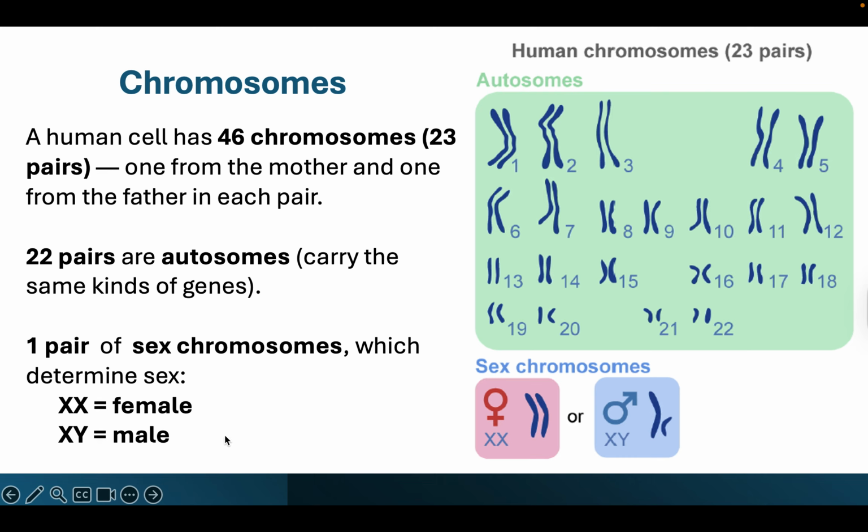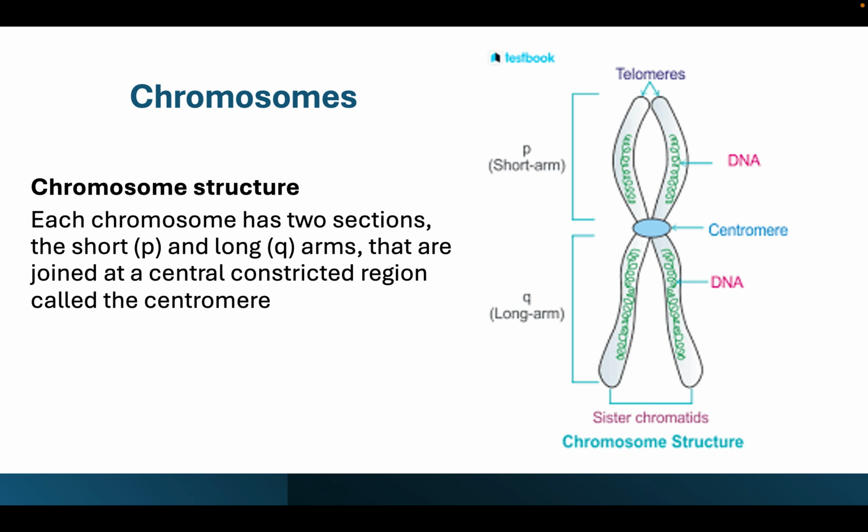So no male can inherit the X from dad. They always inherit the Y from dad, and this is a very important thing to understand, because when we go to sex-linked inheritance, you will apply this knowledge.